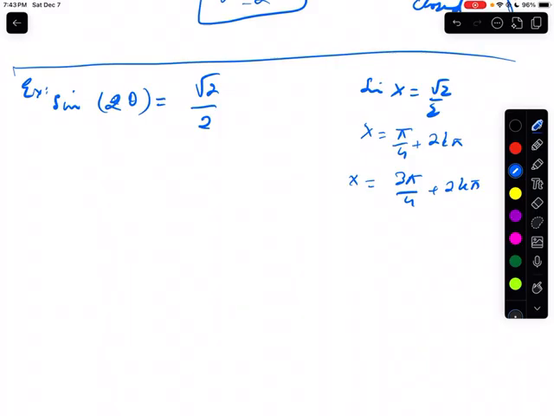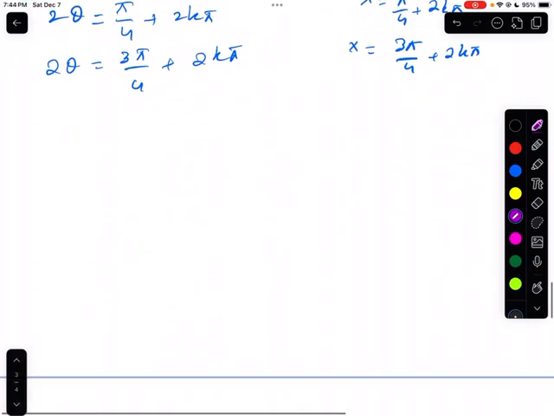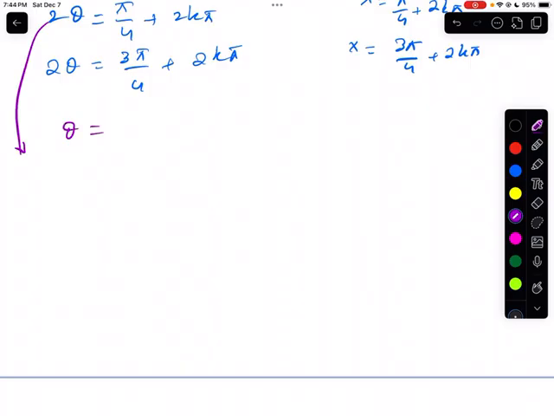It's exactly the same thing. So instead of x, I will say 2 theta equals pi over 4 plus 2k pi. And then 2 theta equals 3 pi over 4 plus 2k pi. But now, because I want theta, from the first equation I will get theta is equal to pi over 8 plus k pi.